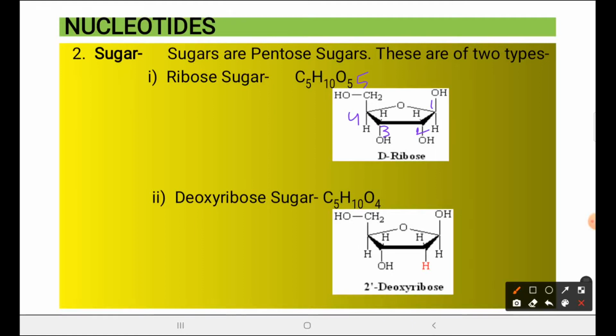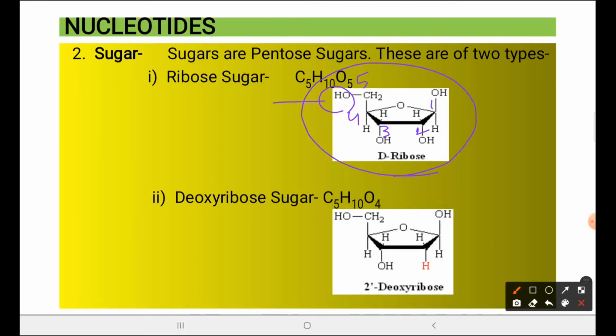Phosphoric acid is attached to the OH group present on the 5th carbon atom, and it is true for both ribose as well as deoxyribose sugar.